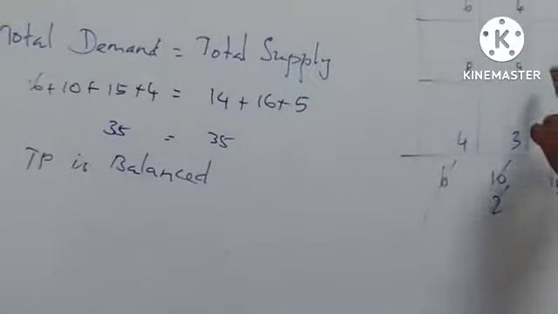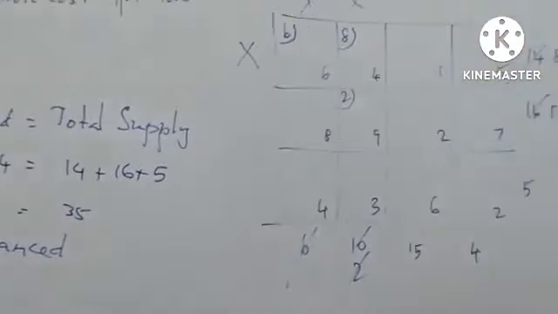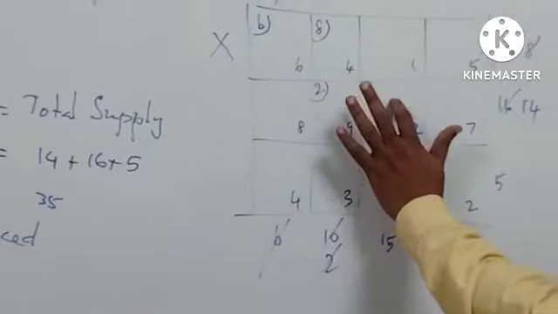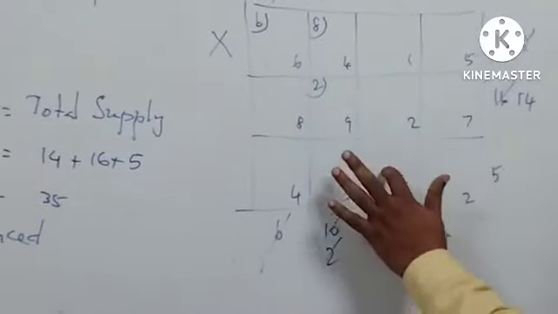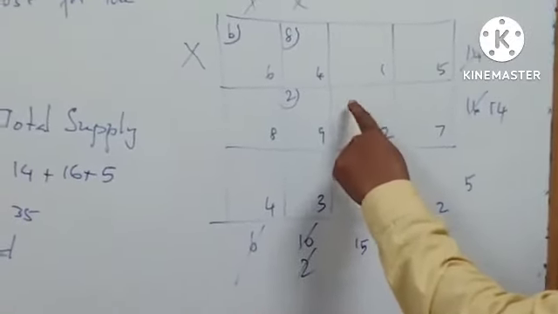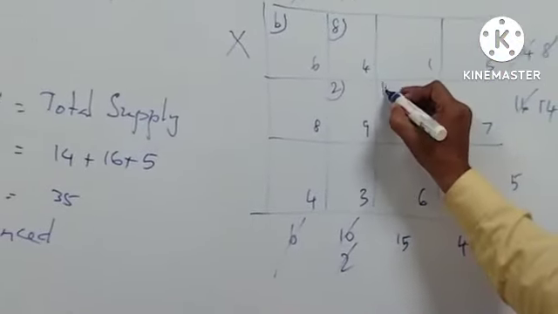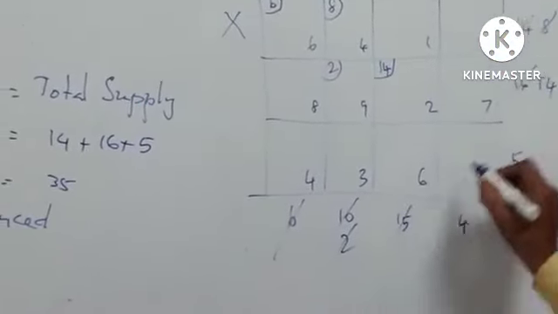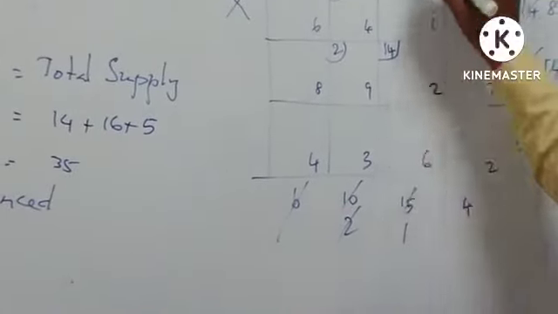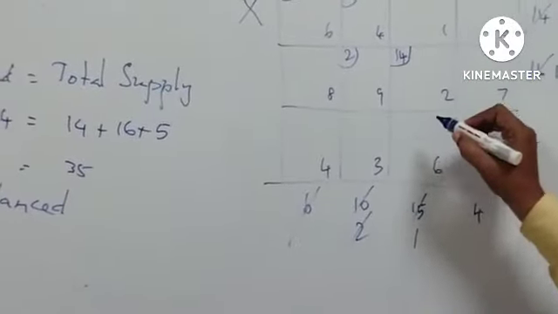Now the second column will also be cancelled. So now the northwest corner is out of these 4 cells. This is the northwest corner. So put 14 over here, the availability, but the requirement is 15. Therefore, still 1 is required for destination number 3.